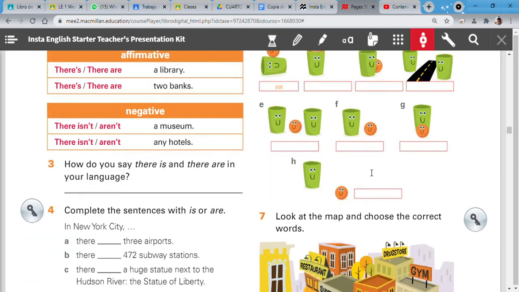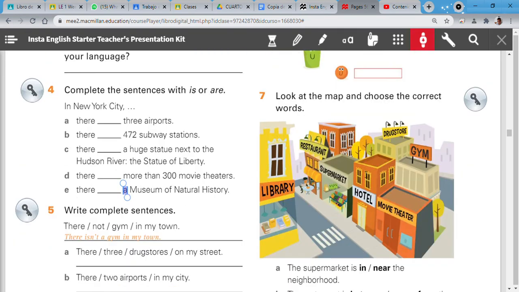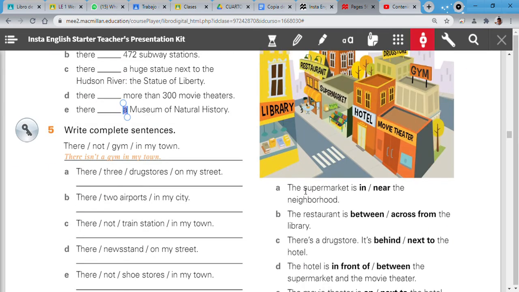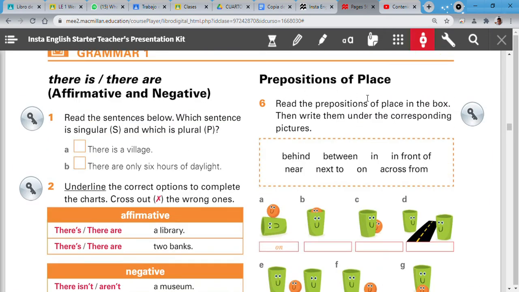Okay? Now listen. Here I have some places like a library, restaurant, supermarket, hotel, movie theater, gym, and drugstore. So what do you have to do? The idea is to read the sentences and use the correct preposition of place.